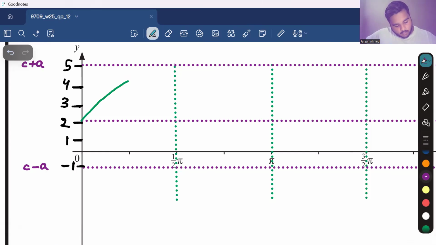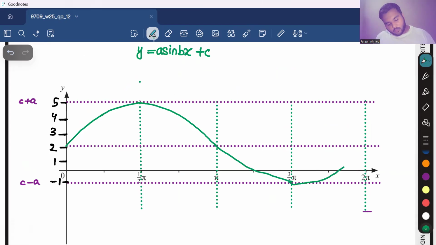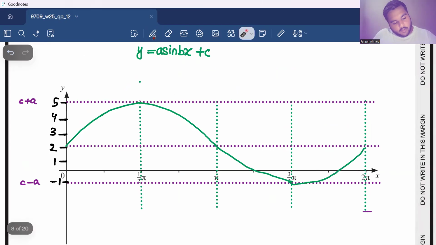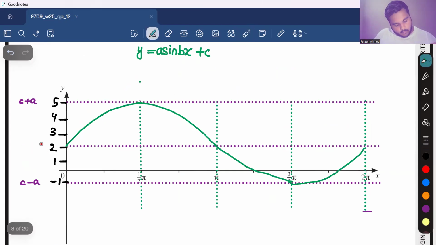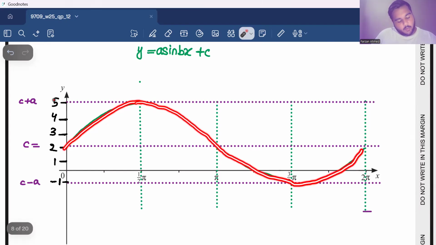So we start from c, then go to c plus a, then back to c, now c minus a, and now c. This is the format for a sine graph.